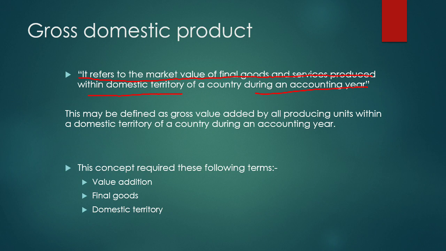And it may be defined as the gross value added by the producing units, all the people who are participating in a production activity within the domestic territory of any country during an accounting year. How many people are enrolled in a production activity, and how many in a service activity? If they produce commodities and services in a domestic territory, we can sum the value and find the GDP.